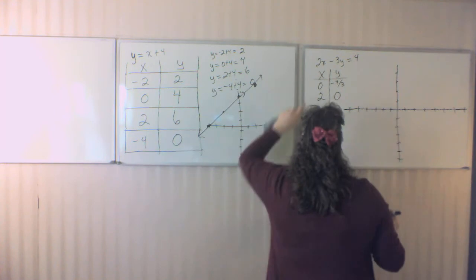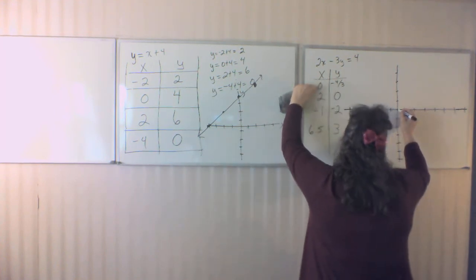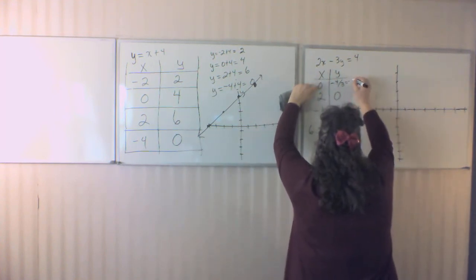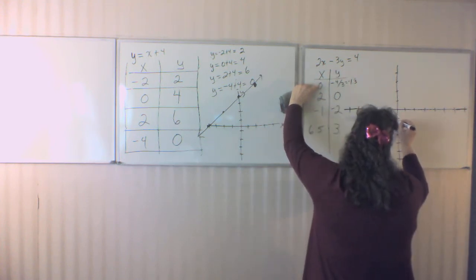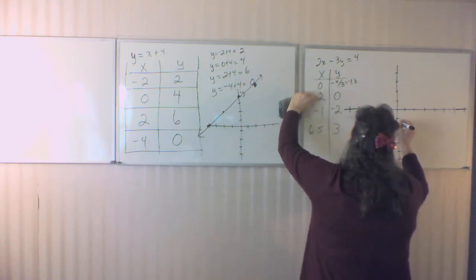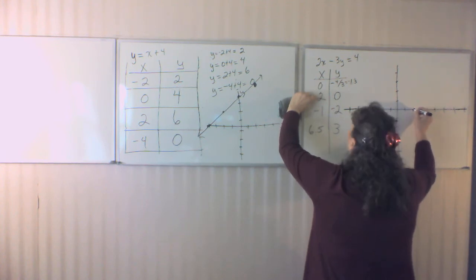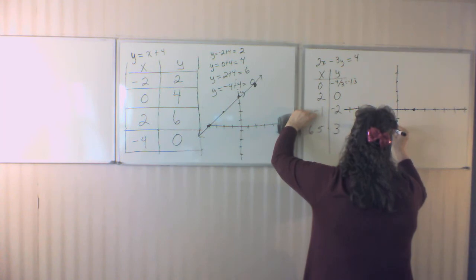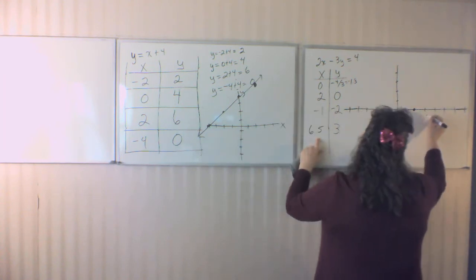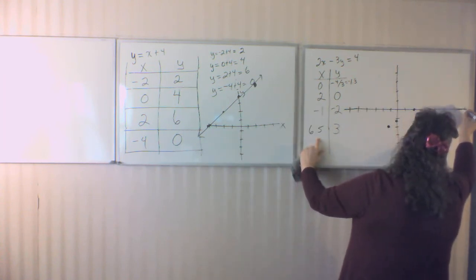Okay, so 0, negative 4/3, which is equal to negative 1.333. Okay, so it's right here, about. And 2, 0, negative 1, negative 2, and 6.5, 3.